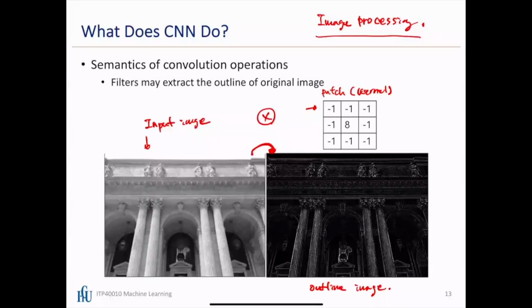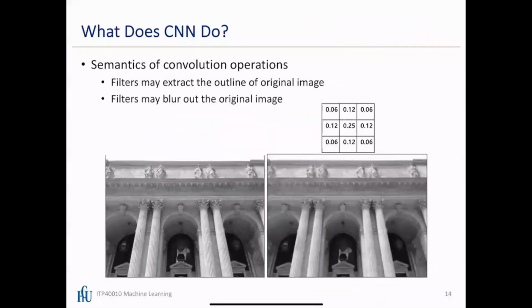Depending on the values you have in the kernel, you will get this kind of output. Here is a similar example. The operation is the same as the previous example, but here you have different numbers in the kernel. If you use this kernel and convolve it on the input image, you will get a blurred image.